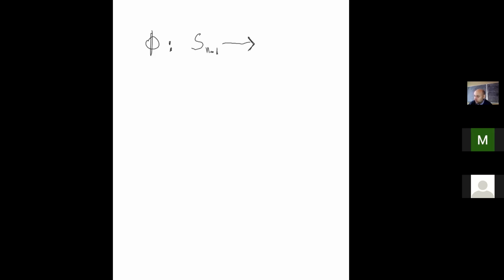From each number in this set, it associates some numbers in R to the n, but more precisely, it associates capital N values.